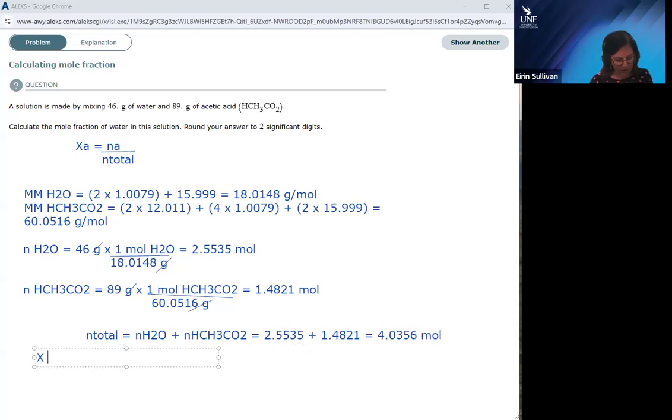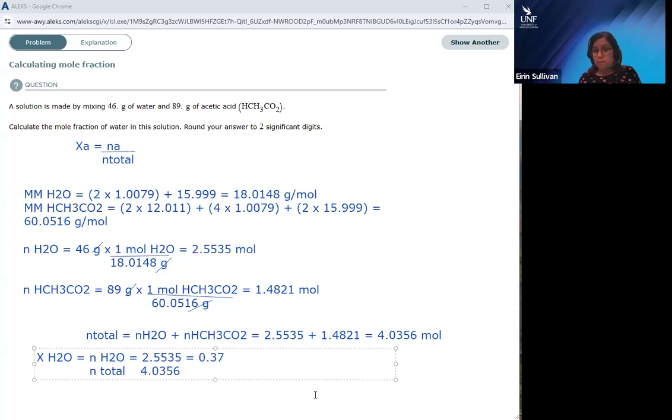We were only asked about the mole fraction of water. So my mole fraction of water is going to be my number of moles of water divided by the total number of moles in the whole solution. So that is going to be 2.5535 over 4.0356, and the whole thing is going to be unitless, as the moles cancel out. That comes out to, to 2 sig figs, 0.63.